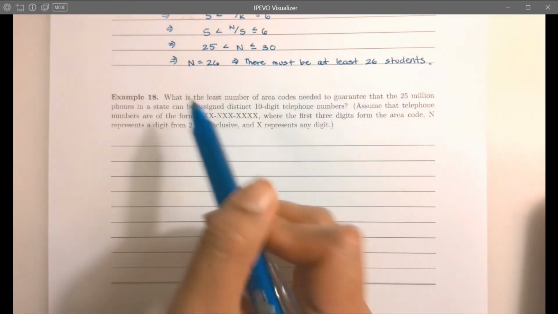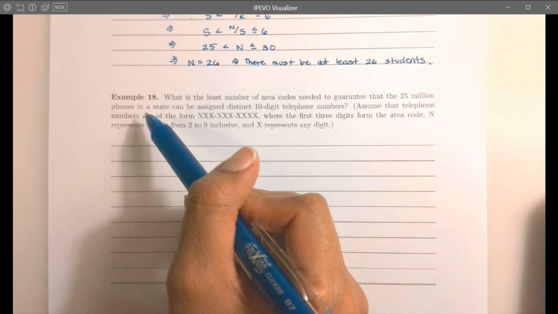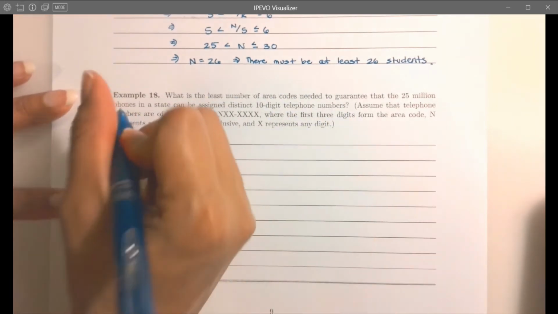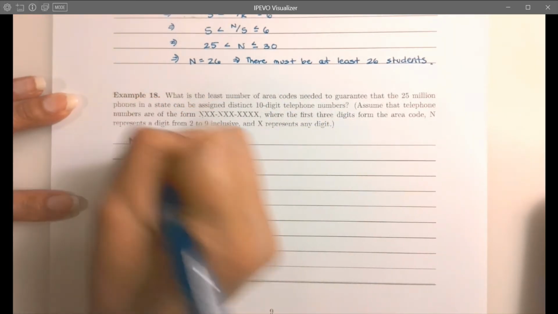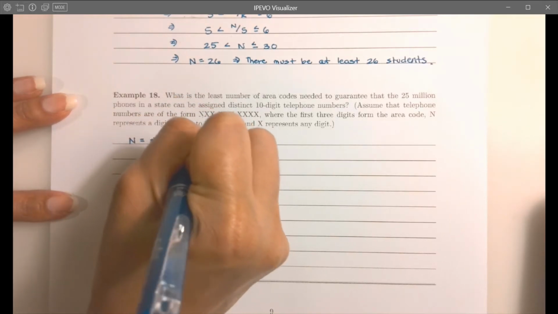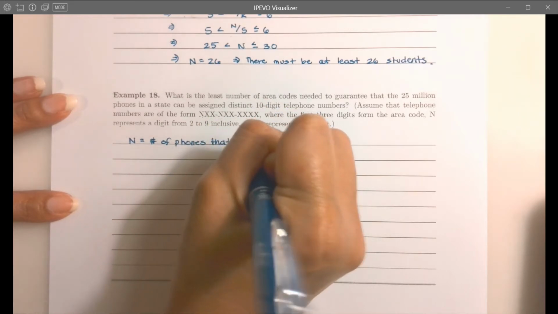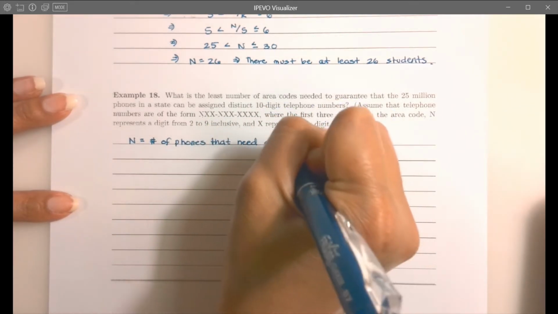And the 25 million phones that need to be assigned a phone number are like the objects. So here I'm just going to write that n is the number of phones that need a phone number.